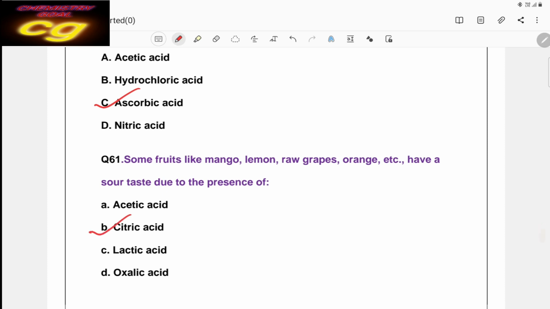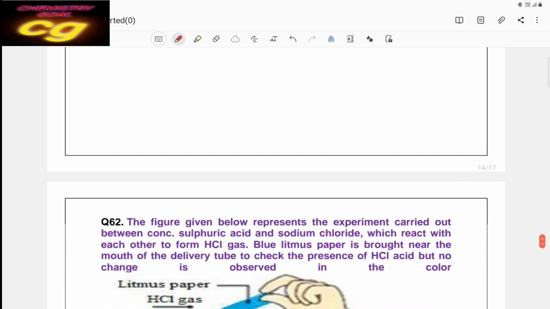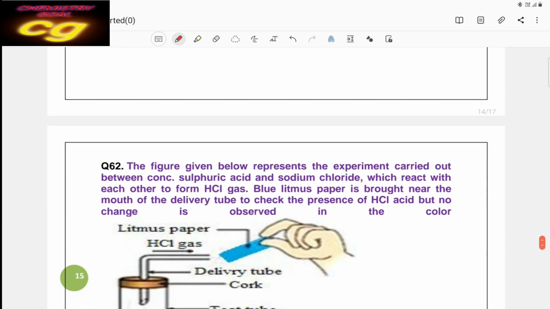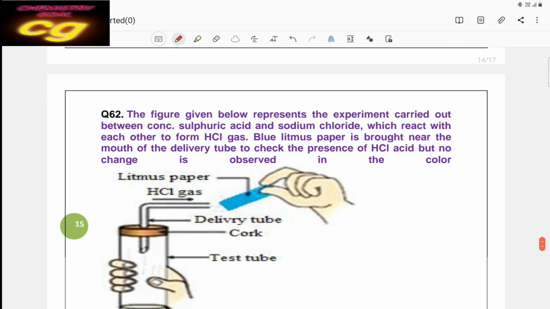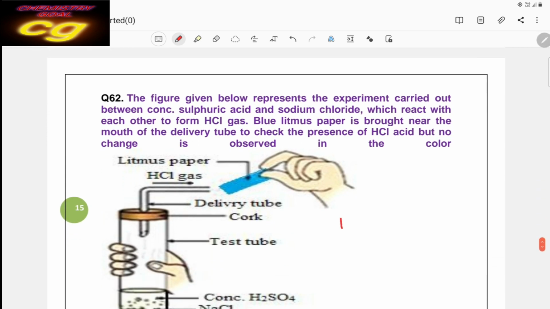The figure given below represents the experiment carried out between concentrated sulfuric acid and sodium chloride. They react with each other, forming HCl gas and sodium sulfate. So the main gas produced is HCl. Blue litmus paper is brought near the mouth of a delivery tube to check the presence of HCl, but no change is observed in the color.